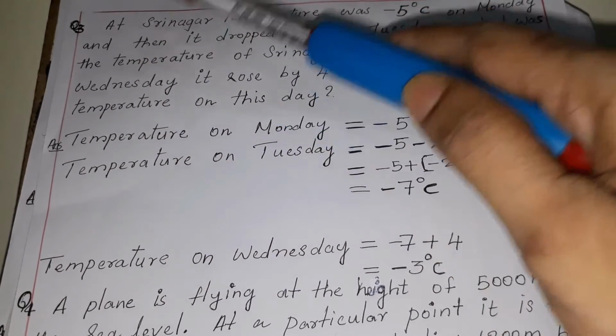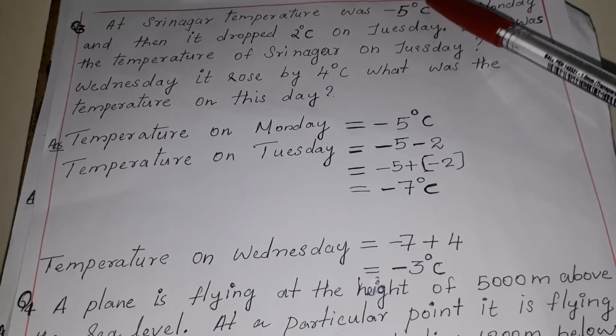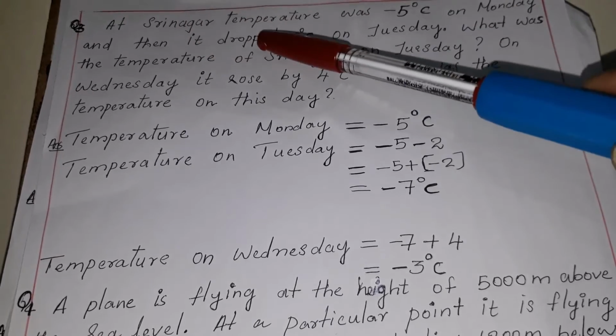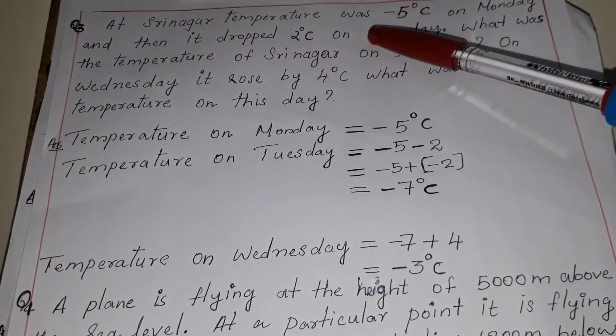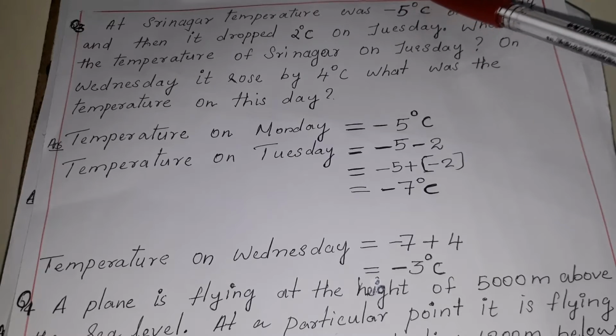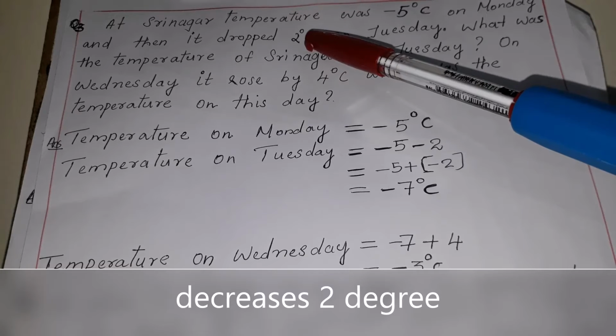Question number 3. At Srinagar, temperature was minus 5 degrees Celsius on Monday and then it dropped 2 degrees Celsius on Tuesday. What is the temperature on Monday? Minus 5 degrees Celsius. What is the temperature on Tuesday?